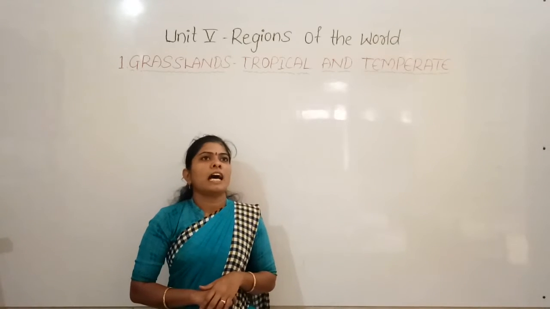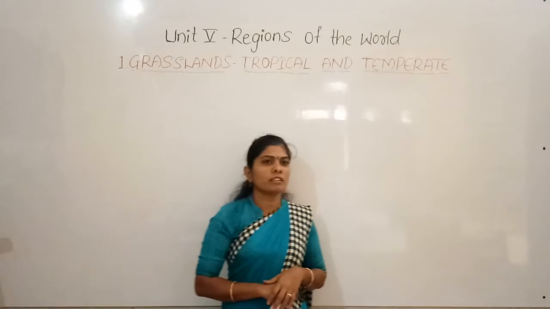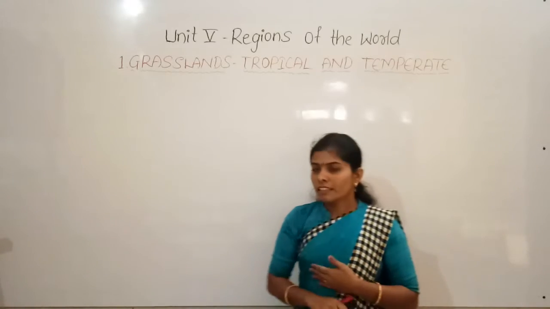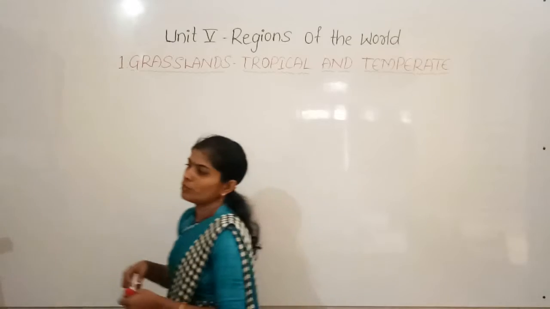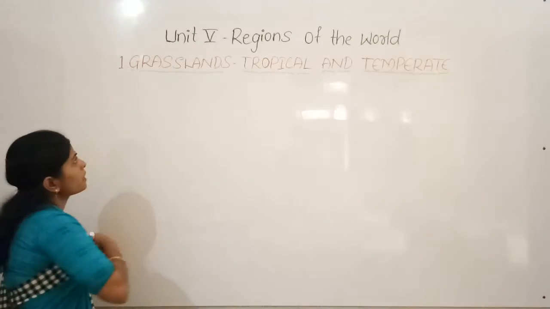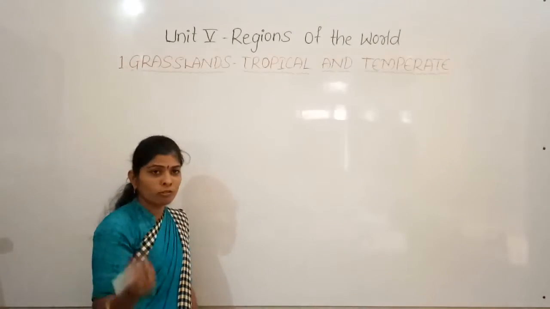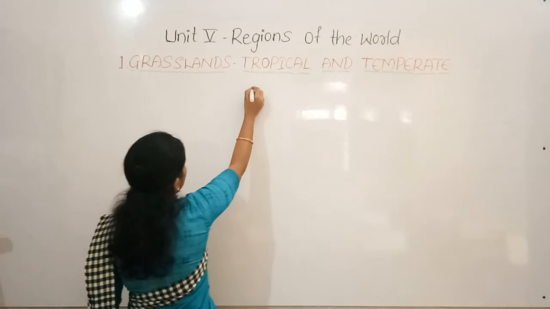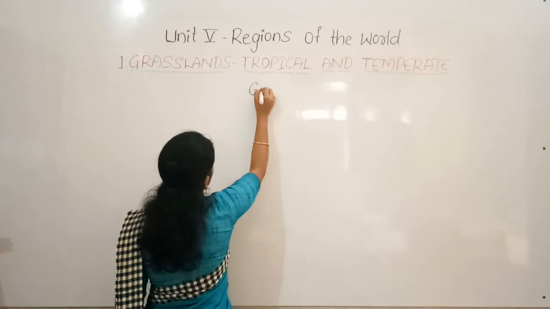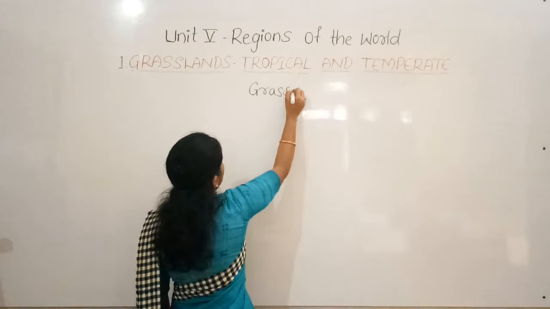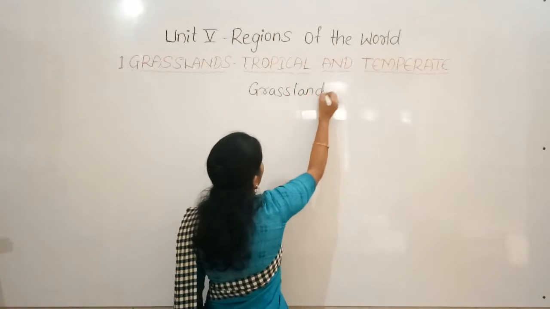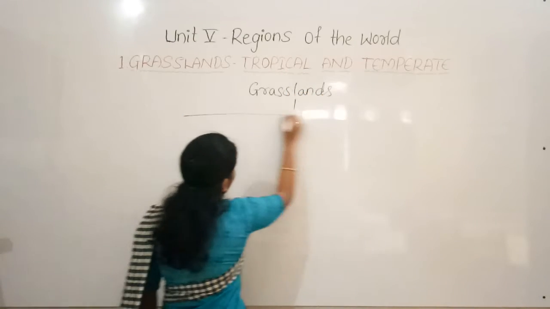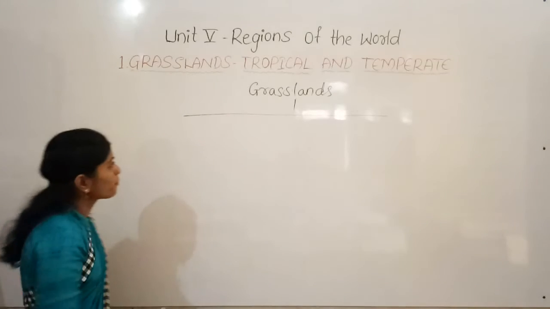Okay, and we also learned that in the grasslands we made a classification, depending on their location. Grasslands depending on their location are divided into two.